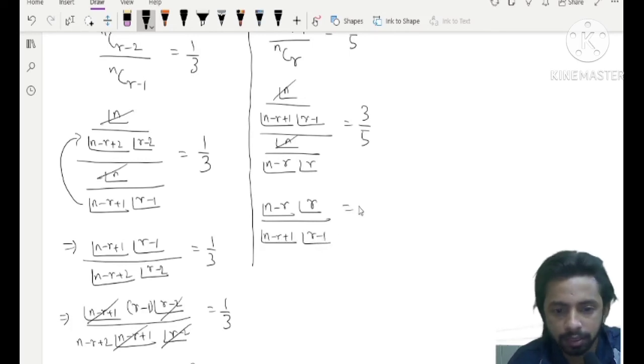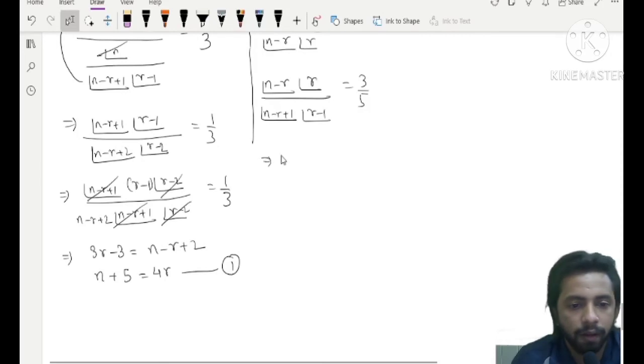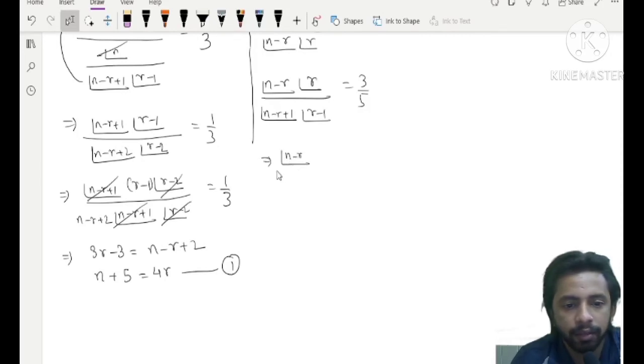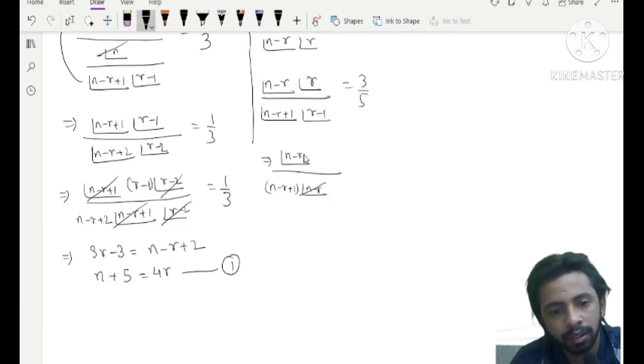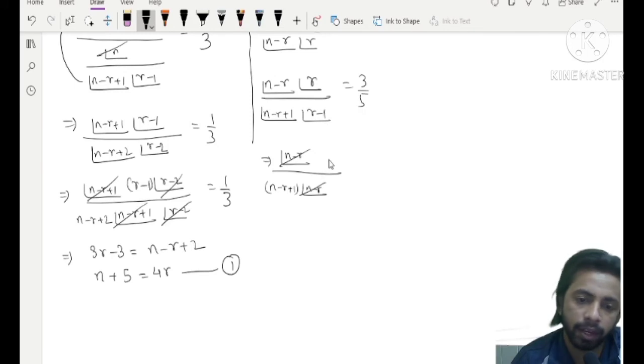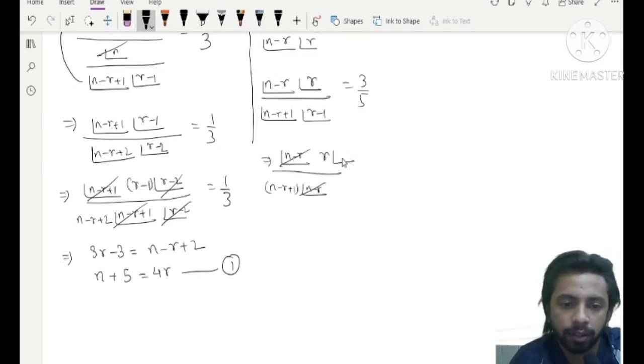This is 3 by 5. So in the denominator you can write it as n minus r plus 1 multiplied by factorial n minus r, eventually cancelling factorial of n minus r. Then factorial r can be written as r times factorial r minus 1.